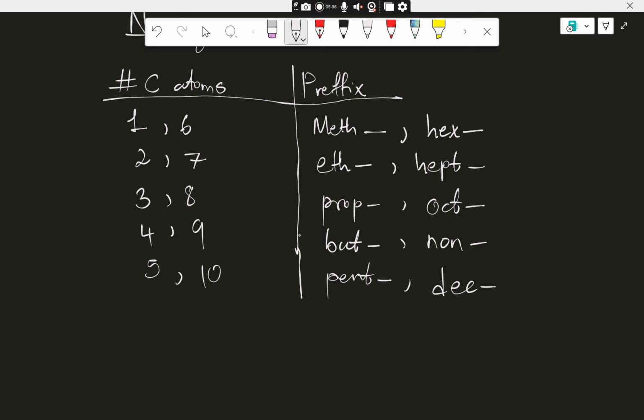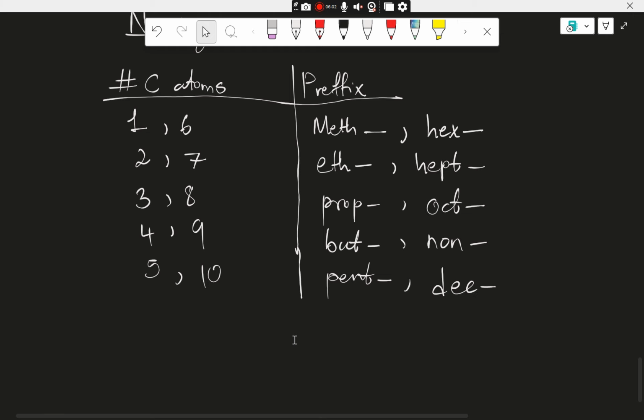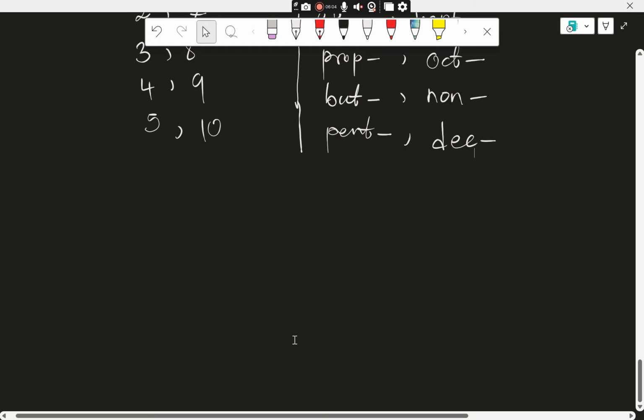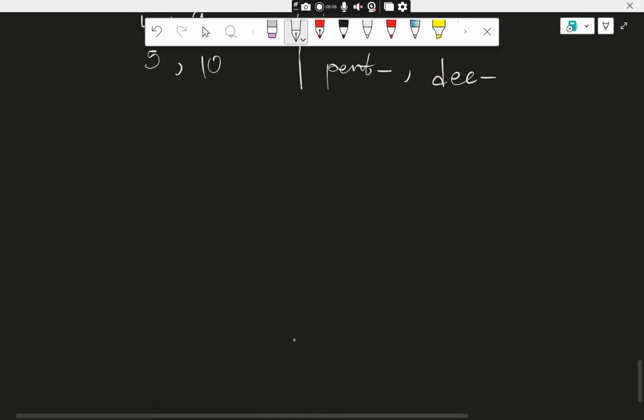Let's go to our examples. Let's start with alkanes. Let's look at the different types, categories or groups of hydrocarbons.